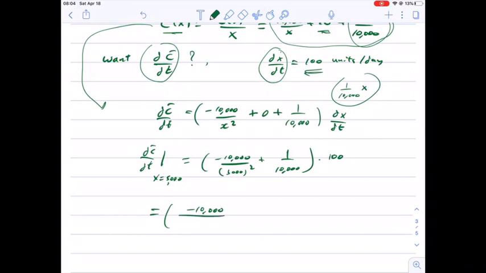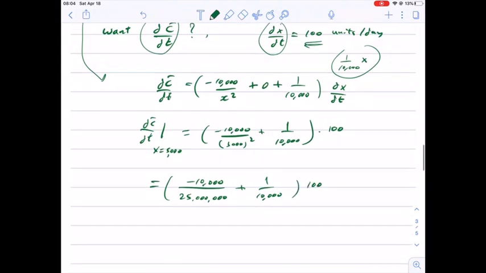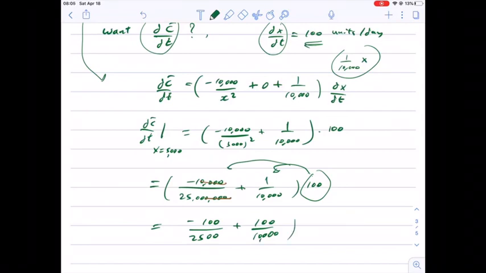If we want to simplify by hand, we can write negative 10,000 over 25 million plus 1 over 10,000, all multiplied by 100, and then we can delete 4 zeros from this, 4 zeros from this, and then multiply by 100. So we get negative 100 over 2500 plus 100 over 10,000.